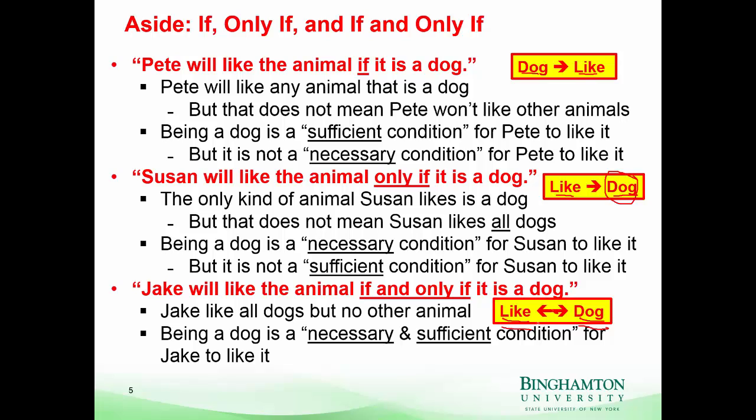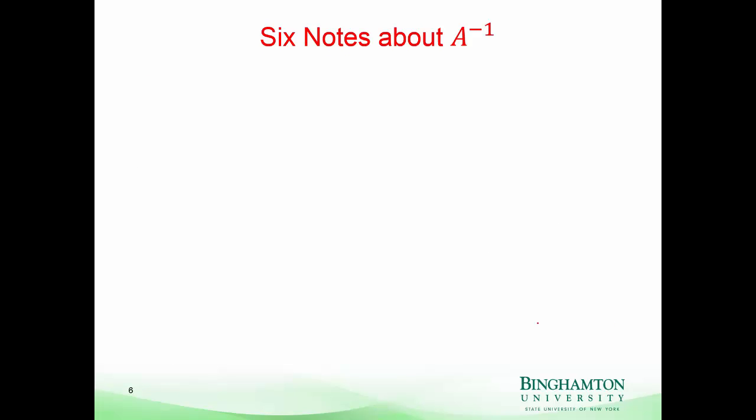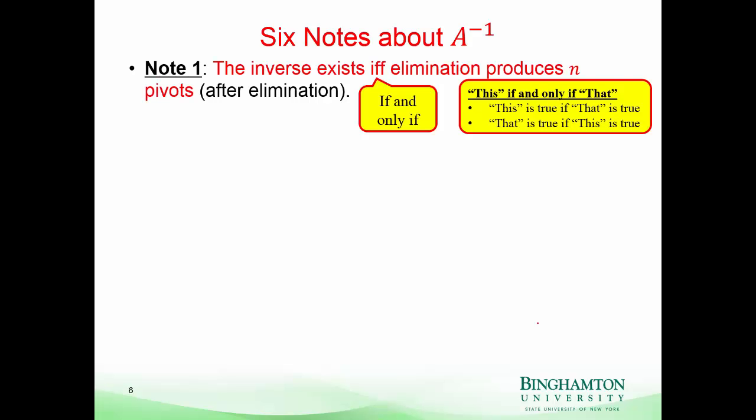Less so than if we were in a proof-based linear algebra class, but they'll pop up every once in a while. All right, so we've got this idea of A inverse nailed down, and we're going to talk about 6 characteristics or 6 things that we can state about it. And here's that if and only if. Sometimes we abbreviate if and only if as IFF. So that's not really a typo.